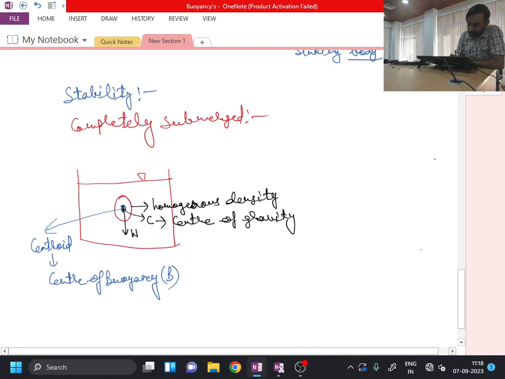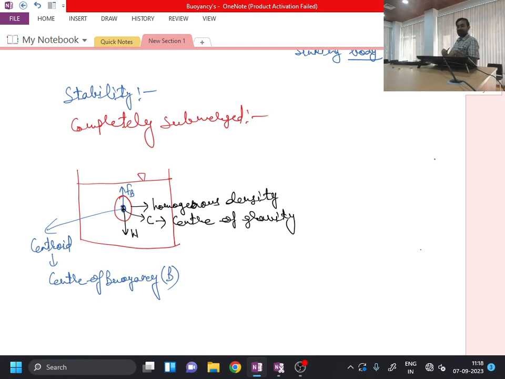At this center of buoyancy, my buoyancy force acts in the upward direction, F. So I have a body of homogeneous density whose center of gravity and center of buoyancy are both at the centroid. So the point of action of the weight and the point of action of the buoyancy force are the same, and the forces are in opposite directions.